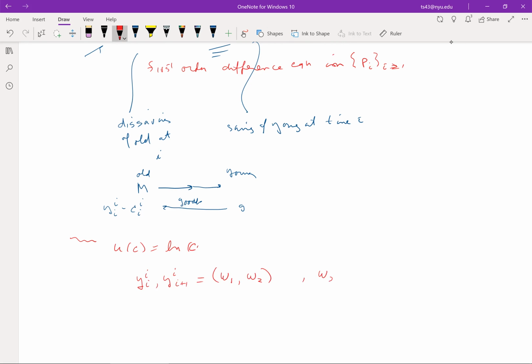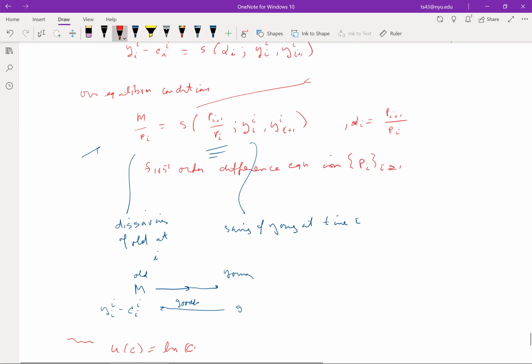And you're going to see I'm going to impose that W2 is less than W1. We're going to see consequences if I don't do that. That's going to mean I want the young to save. If the young want to dissave, this isn't going to hang together.